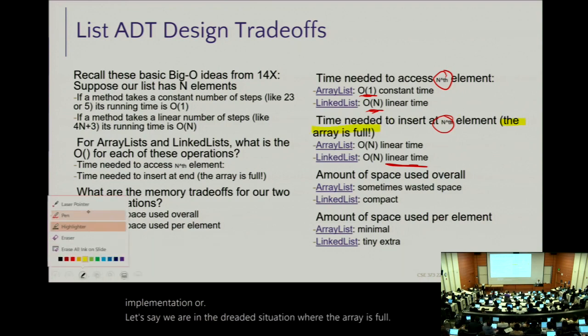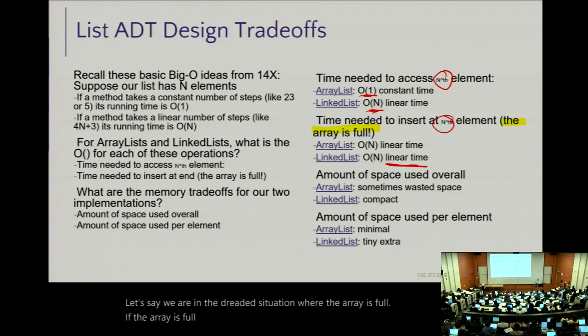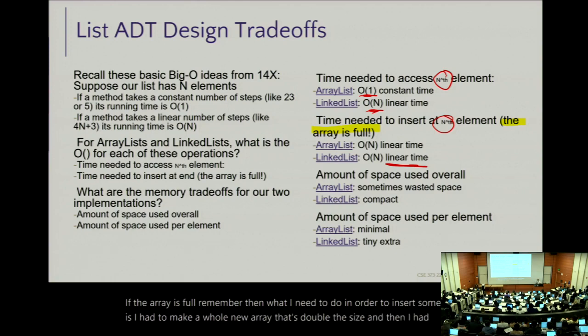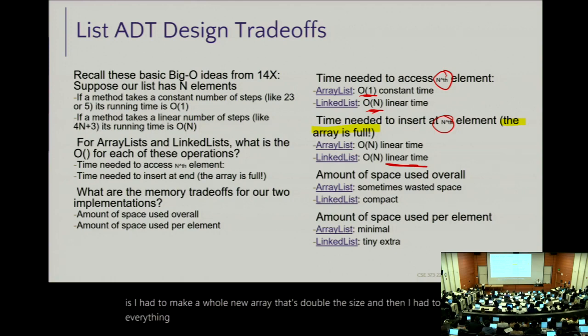Remember, then what I need to do in order to insert something is make a whole new array that's double the size, and then copy everything over. So actually, we end up with linear runtime for inserting in an array list. So they're equivalent in these situations.